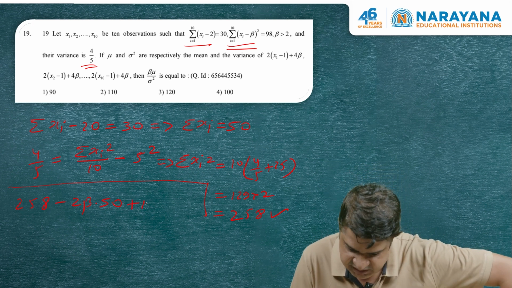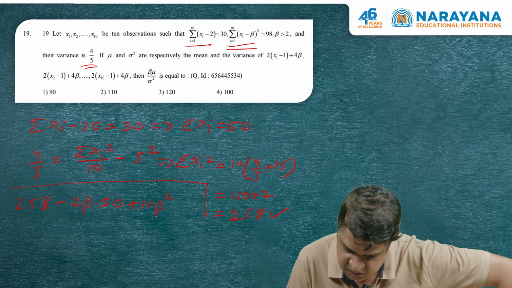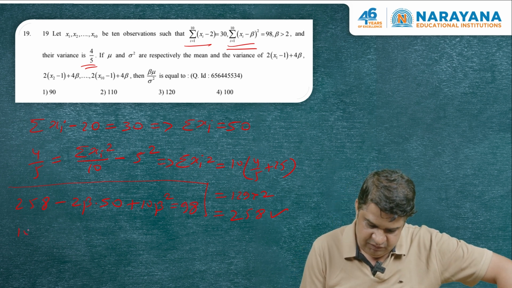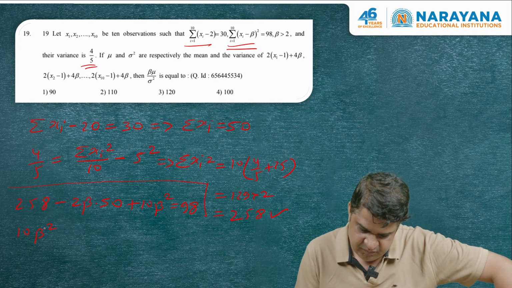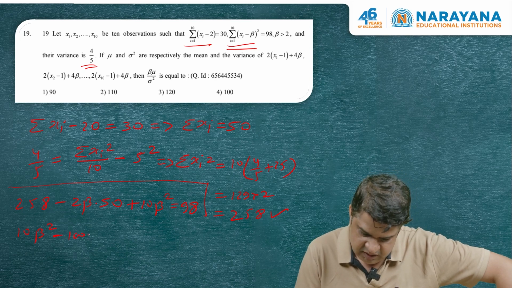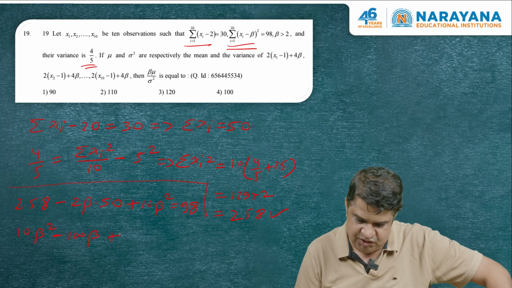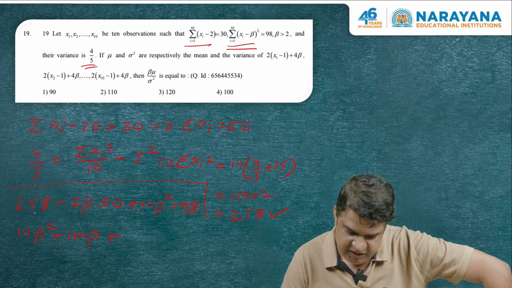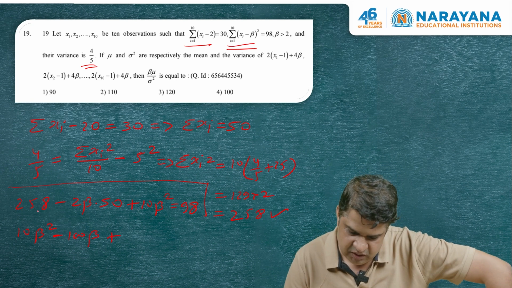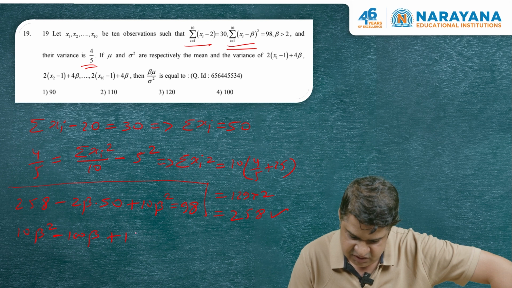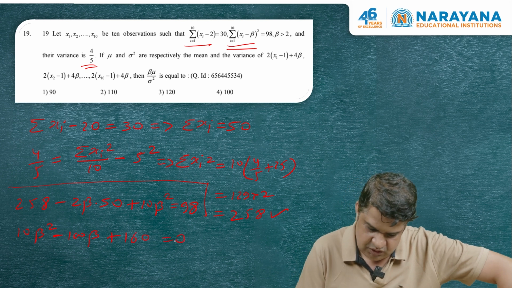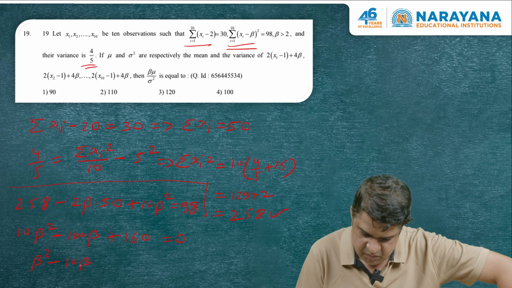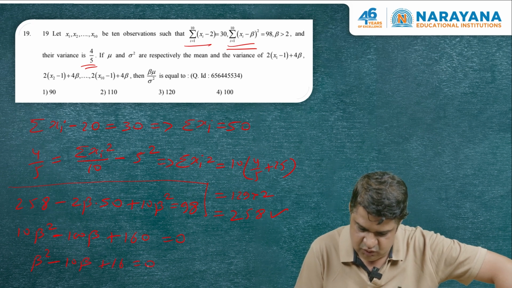So, beta square added 10 times, 10 beta square, is equal to 98. So, from here we are getting 10 beta square minus 100 beta plus 258 minus 198. So, 258 minus 58, 200, 200 minus 40, that is 160, equal to 0. So, we will get beta square minus 10 beta plus 16 equal to 0.